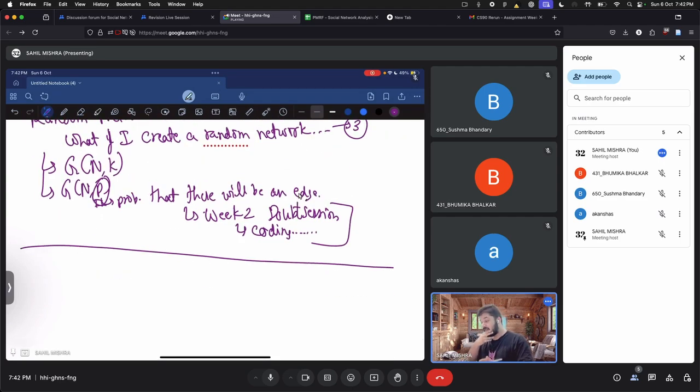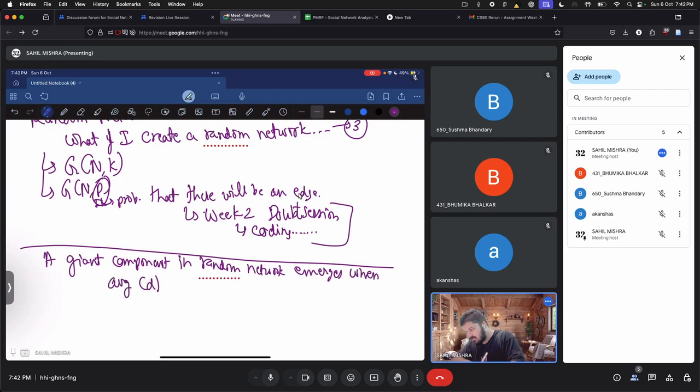There is a theorem that a giant component in a random network emerges when the average degree of the network is greater than or equal to 1. This proof won't be asked, but it is very important. I suggest you go through it.